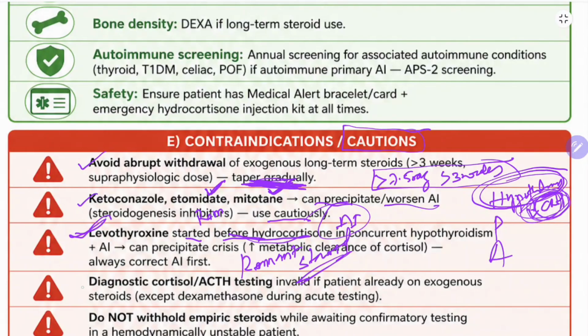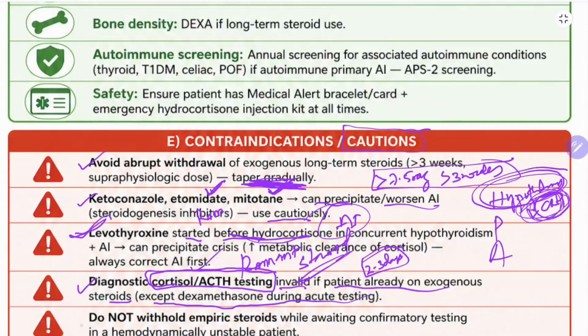That is very important. Diagnostic cortisol or ACTH testing is invalid if the patient is already on exogenous steroids, except dexamethasone during acute testing. Okay, except dexamethasone during acute testing. So the patient should quit steroids for 2 to 3 days, and then we can check this.